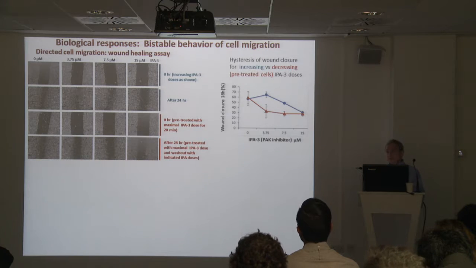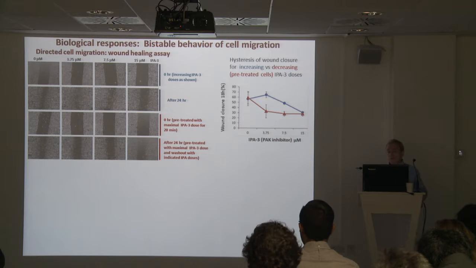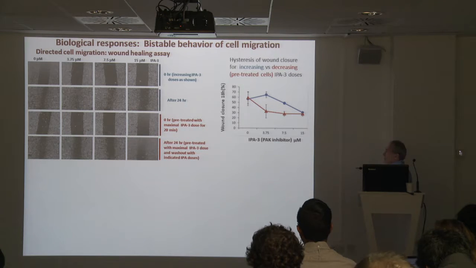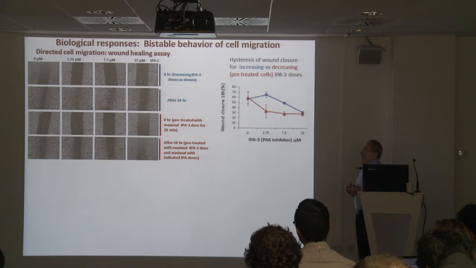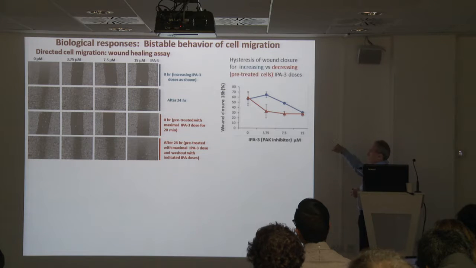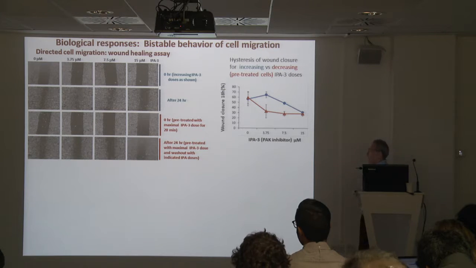It appears that this is the first case where we found that cell physiology is also bistable. And there is a classic assay called the wound healing assay, where you basically scratch a cell culture line, and then you see how the gap is filled in.